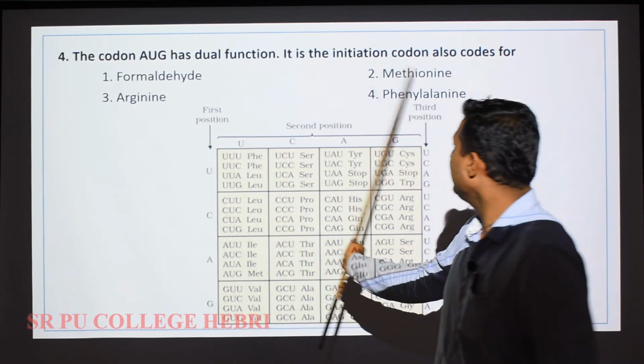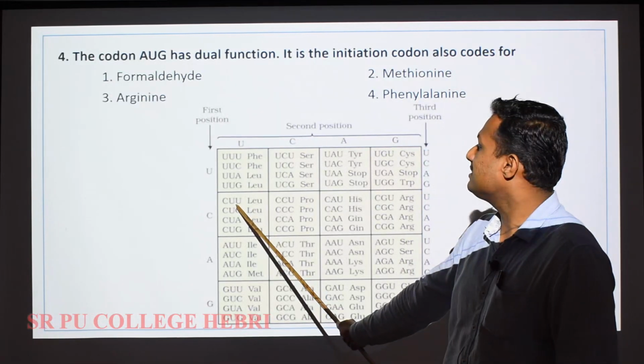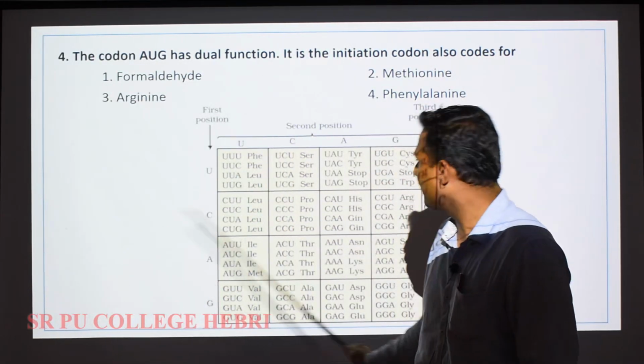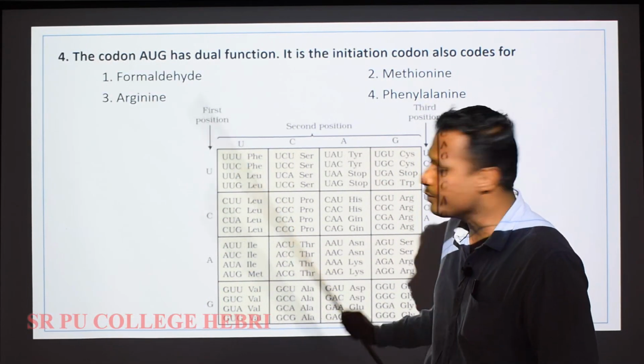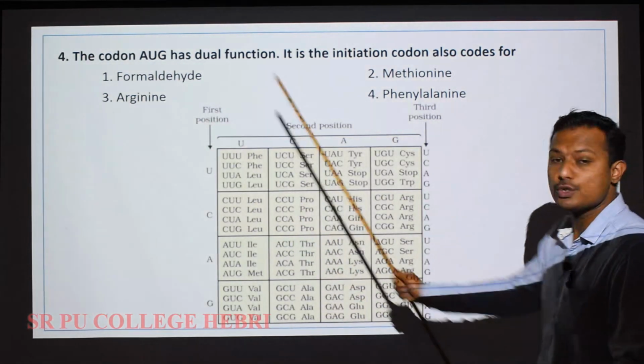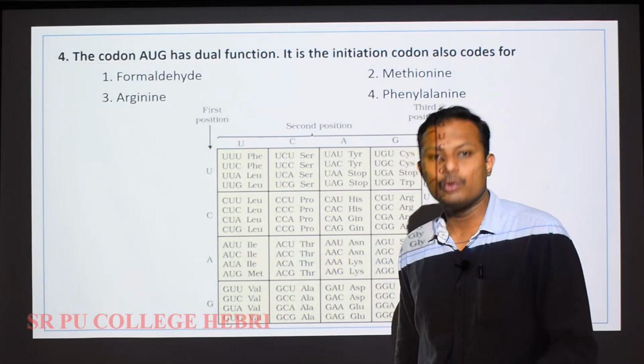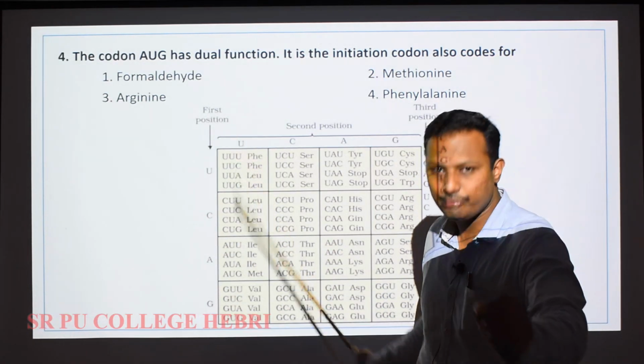But similarly, they may ask which amino acid another codon codes for, like CUU. It codes for leucine, or maybe ACU codes for which one? Threonine. So like this, you may have to remember the chart.